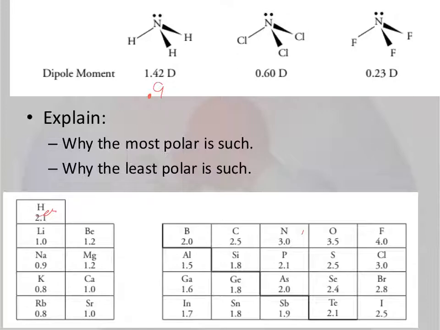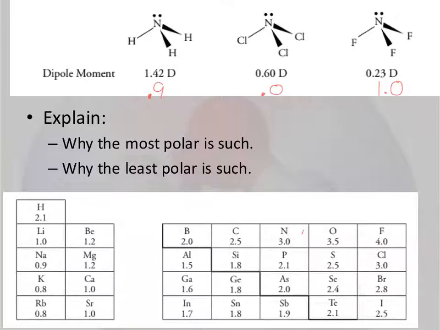Now, for the NCl3 molecule, we've got a difference of nothing, right? There's no difference between the electronegativity of N and Cl. And then we look at fluorine and we have a difference of 1. So you're probably a little confused as to why the differences in electronegativity values aren't really giving us the full story here, are they?